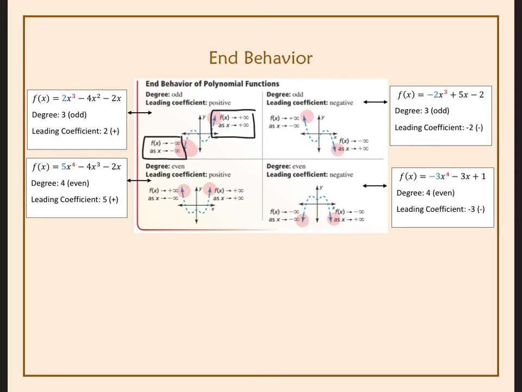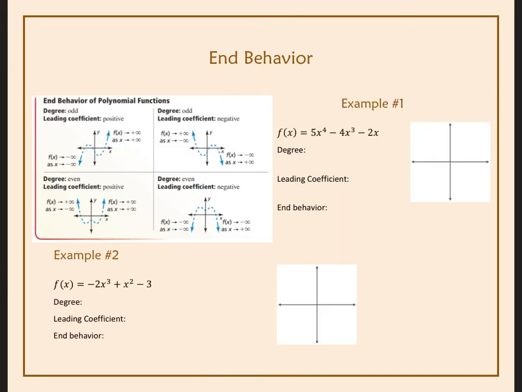So your left side is always going to be as x approaches negative infinity, and your right side is always going to be as x approaches positive infinity. What's going to change is the first line every time. Where are the arrows going? So now let's try to do a couple practice questions.